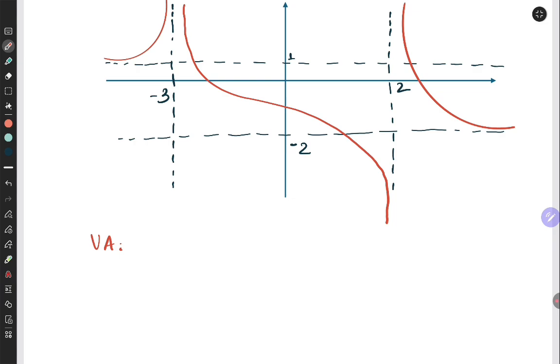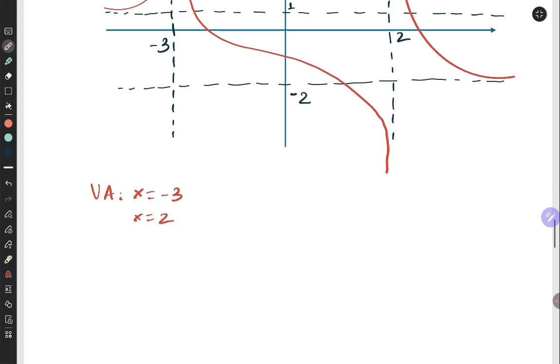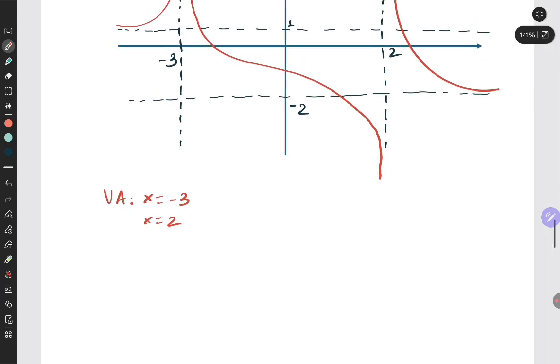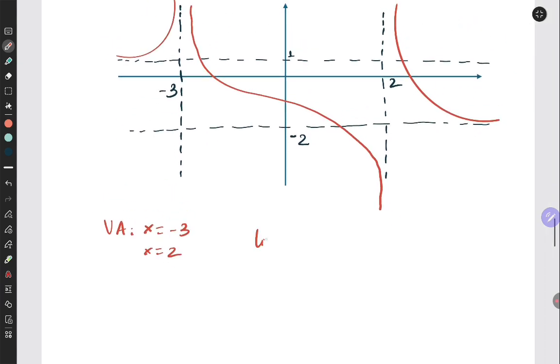Correct. Okay, so looking at negative 3 first. Number 10. X approaches negative 3 from the left. Where's number 10?